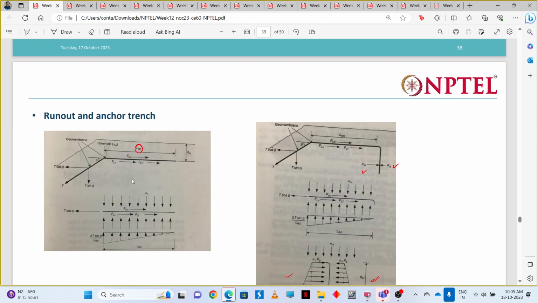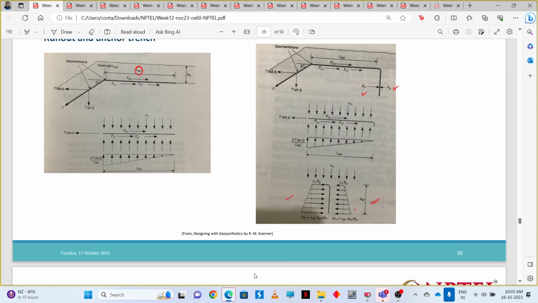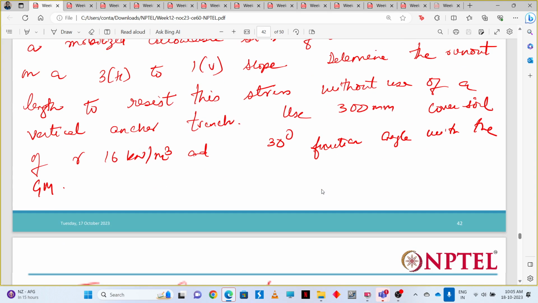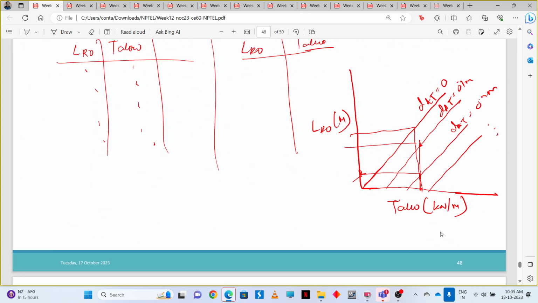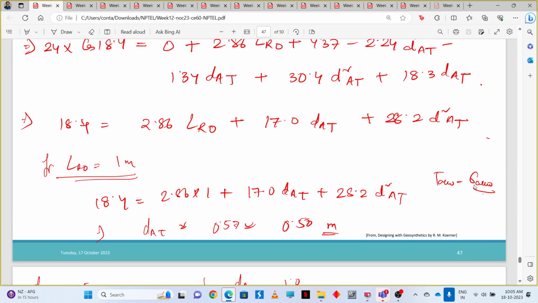Then at last we saw the runout and anchor trench: how much runout length should be provided, and if you are providing an anchor trench, what the depth of the anchor trench should be. We saw how to calculate all these things. Then we also saw that we can make a design chart for ourselves, by varying the T allowable, the runout length and the depth of the trench.